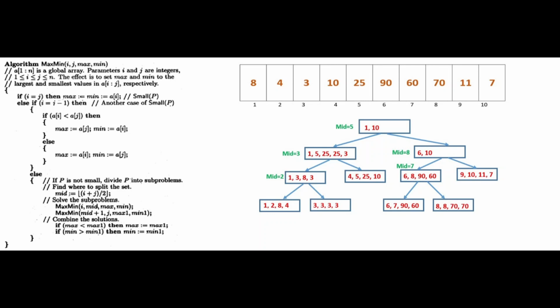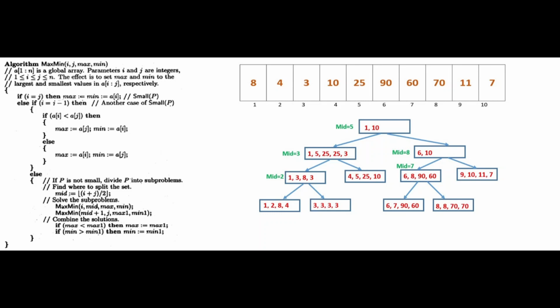Here the values are i equal to 6, j equal to 10, mid equal to 8. In that parent node, two recursive calls are completed. Next it has to complete the last two statements. Combine the solution.